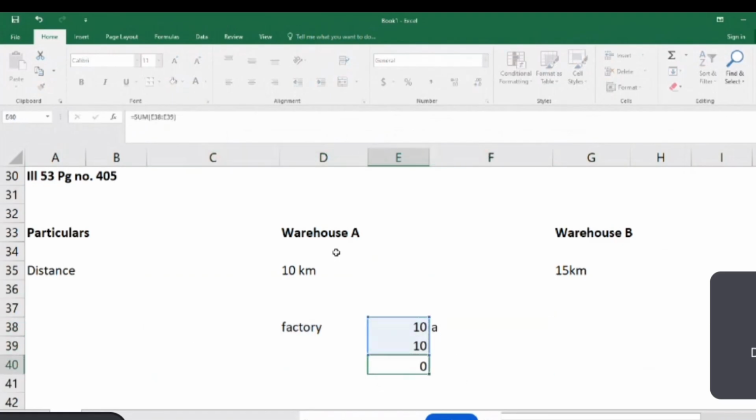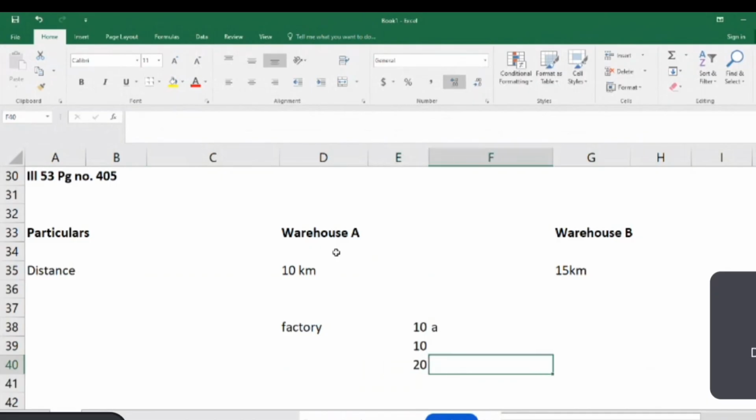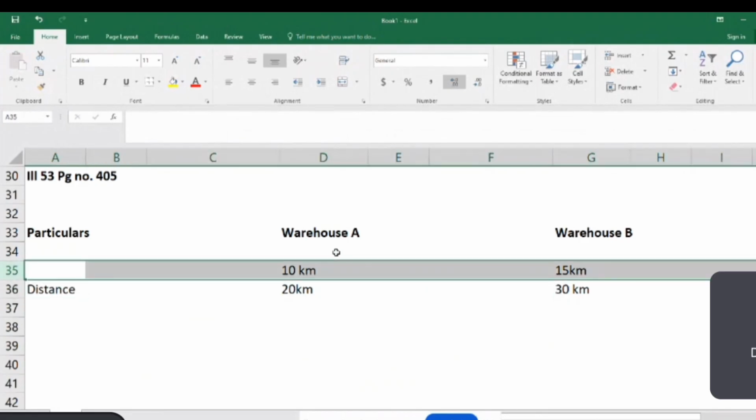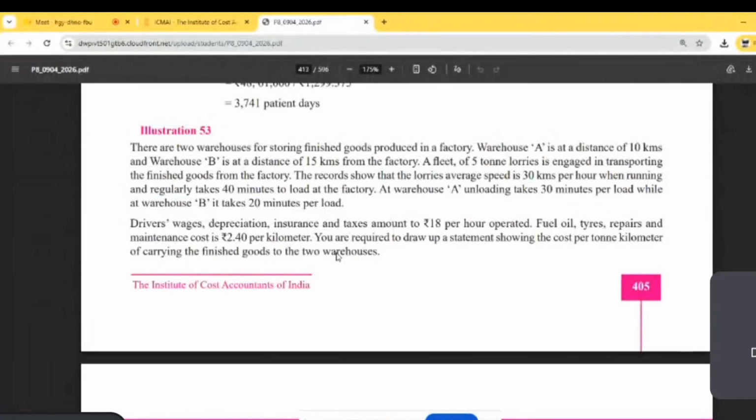So it will be 20 kilometers. So what will be your distance? Here 20 kilometers. Here it will be 30 kilometers. This will be your actual distance. Hope you are understanding why I am putting 20 kilometers here.